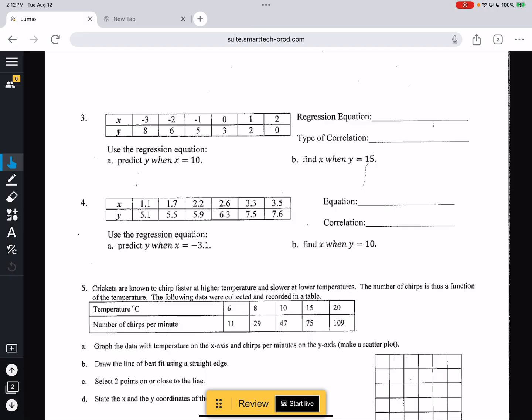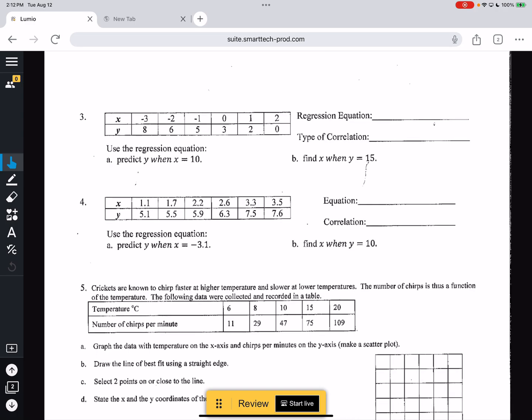Wait, what does it mean to predict y when x is 10? Like, where do you put the 10? Where x is. X equals 10, so you go back to your regression equation. Y equals negative 1.5x plus 3.2.